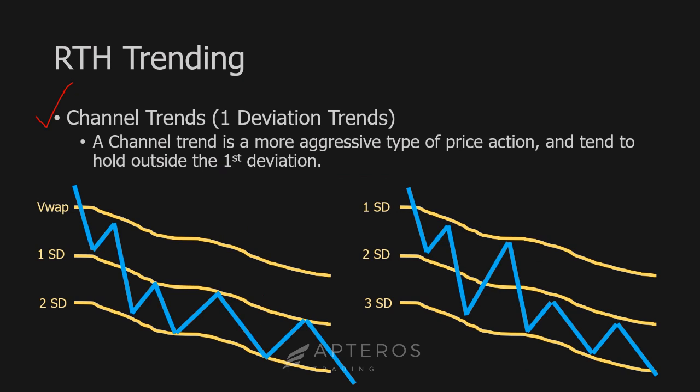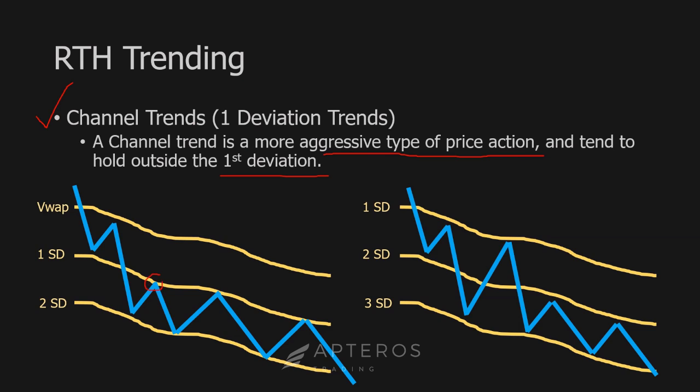A channel trend environment is a more aggressive type of price action, and they tend to hold outside the first deviation. These are the type of trends that don't really come back to test VWAP. They essentially hold outside, and they have more energy, more aggression, more velocity even. All these things align, and they define a trend as having more energy.